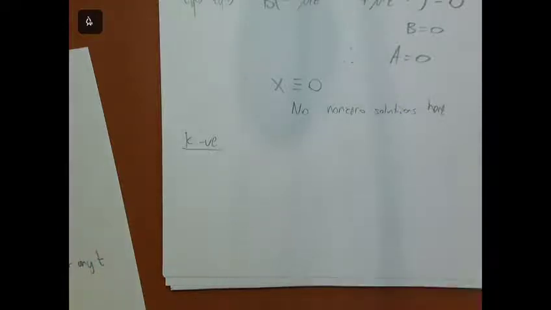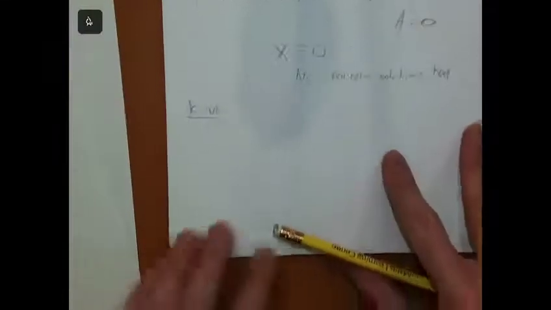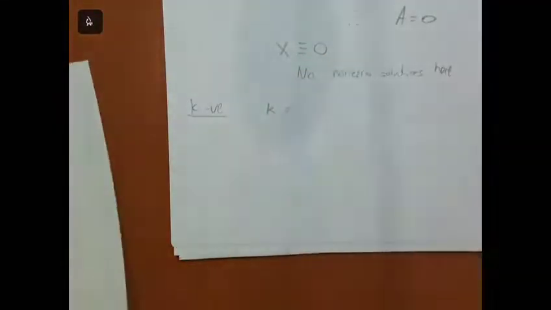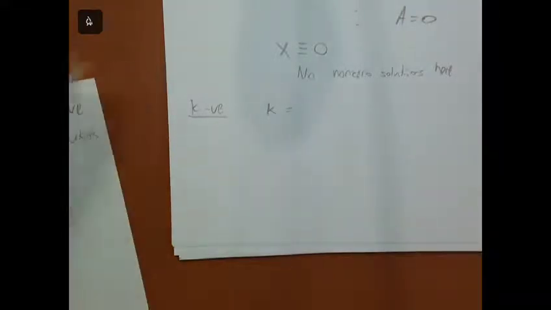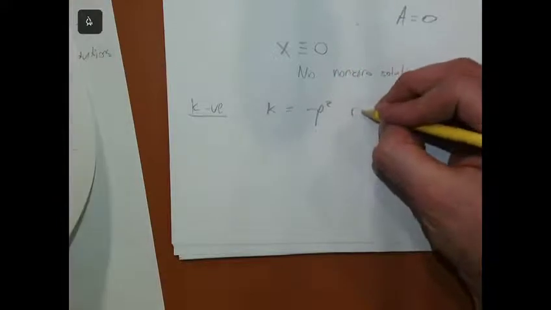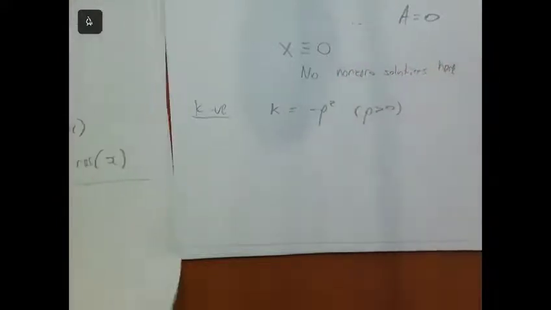Just pointing it out. So k is negative, and I'm going to have to square root it anyway, so let's call it negative rho squared, since rho is the next letter after that doesn't look like something else.